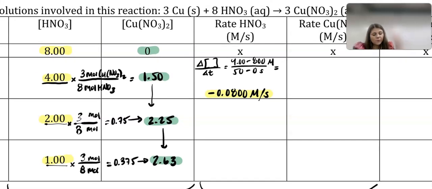I'm going to do this for the rest of the nitric acids, and then we can do the copper 2 nitrates together, okay? I'm not going to show this expression here, but I will show the work for it. So for the next time interval, we will do 2 minus 4, and that time interval was 100 minus 50 seconds. So here that is minus 0.0400 molarity per second.